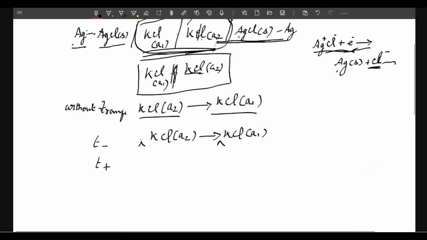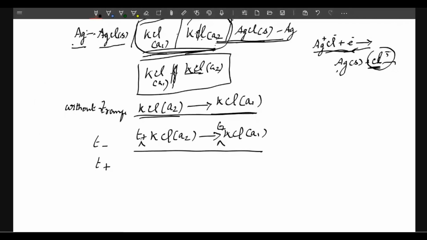If the anion is involved, the transport number to be placed is the cation transport number. This is the net cell reaction for the concentration cell with transference. And this is the net reaction for the concentration cell without transference. This is for the cathode reversible with the anion.